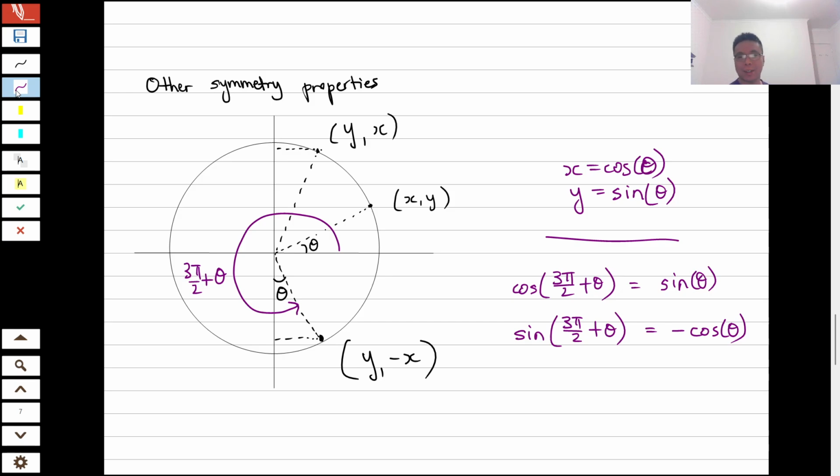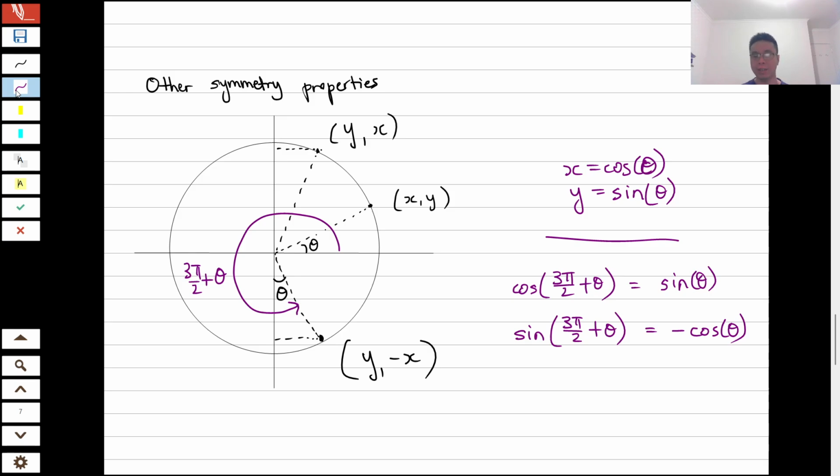I suggest that if you have trouble remembering this, like anything in this topic, draw a diagram and see if you can derive the results, just like the way that I did with the exact values for pi on 3, pi on 4, and pi on 6. At some point in life, the subject matter that you are studying in maths, physics, engineering, or any area of study eventually becomes so complex, so complicated, that you can't remember all of it.